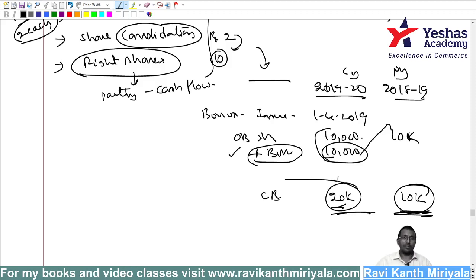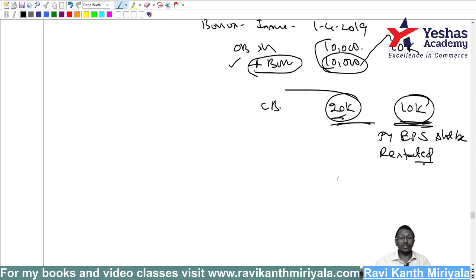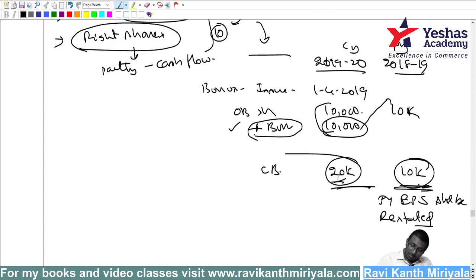What are we trying to tell? You should restate the previous year EPS. You are supposed to restate the previous year number. What is the assumption I told you? Even though bonus share, share split, share consolidation or rights issue took place in the current year, we assume that this incident took place in the beginning of the previous year.